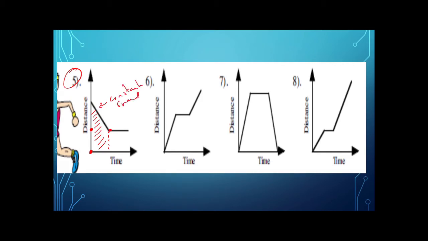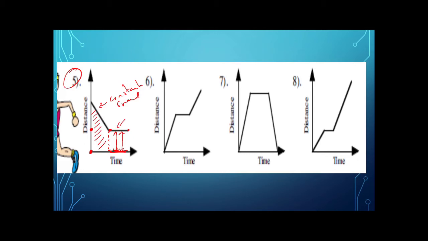And then we stop, and we are stopped because this distance here remains the same over this period of time. It could be that we're at traffic lights, for example.